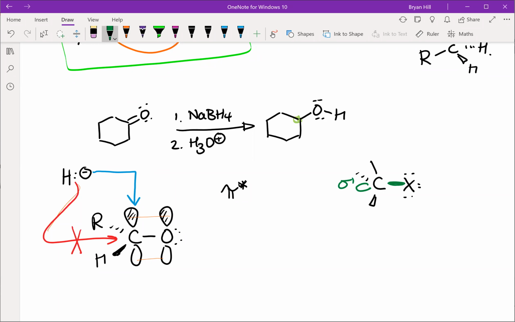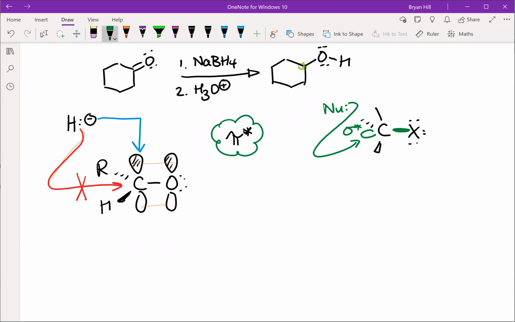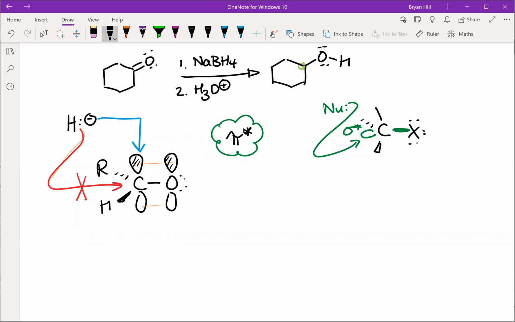So when the nucleophile attacked, it had to attack the sigma star. Because we're breaking a pi bond, we have to attack the pi star orbital, which is the anti-bonding orbital.